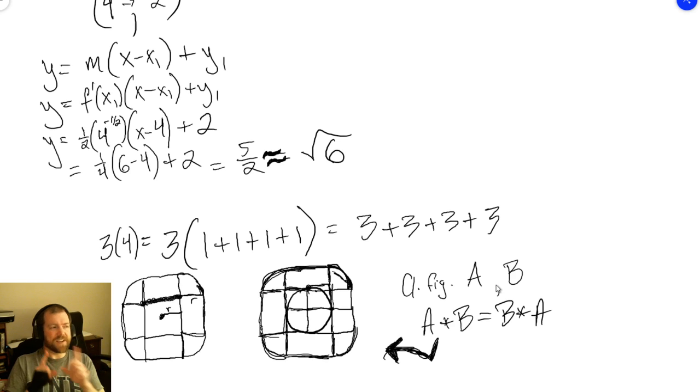But saying it should and saying yes, it definitely does are two different things. So in this particular case, you would have to show that any point x, y in your shape 1, multiplied by any particular point in your other one, x2, y2, would end up yielding the same points, whether you did it one way or the other.